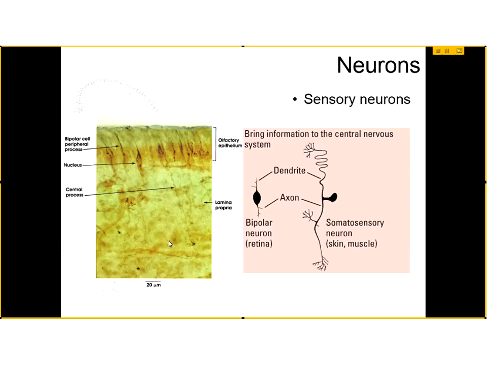Some here, for example, this is an example from the olfactory epithelium, and they're going to be gathering chemical information from the nose, and they will then transduce or turn that chemical information into a neural signal and then communicate that into the central nervous system.